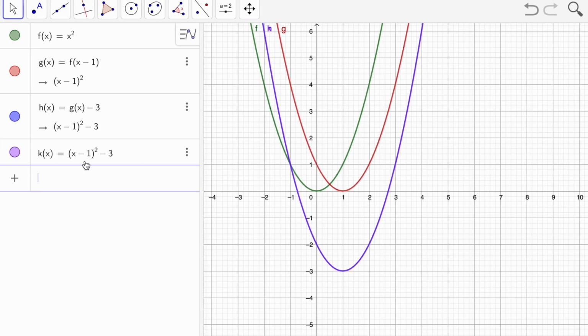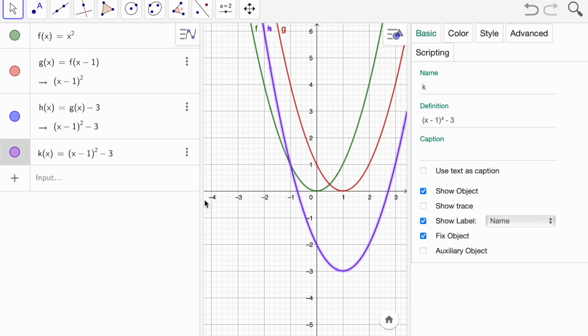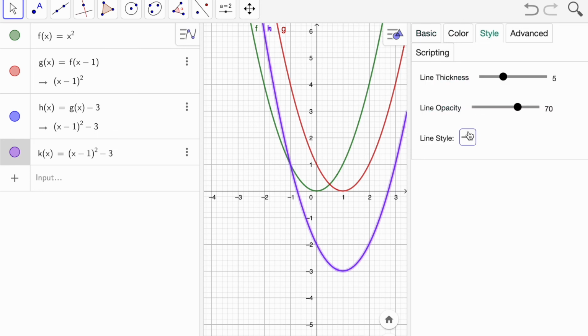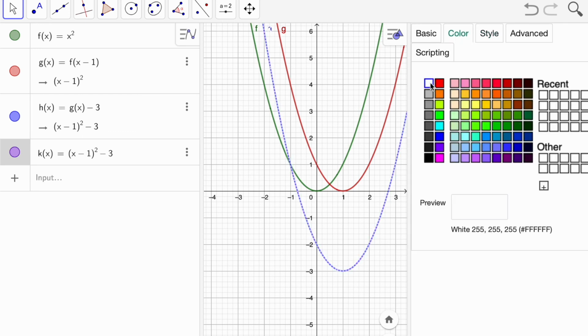Now, is that the same thing we just did? So just to make sure, let's go into settings, and we'll do style, and we'll make it a dashed line. We'll make it small dashes like that, and we'll make the thickness real thick, and we'll make the color white.